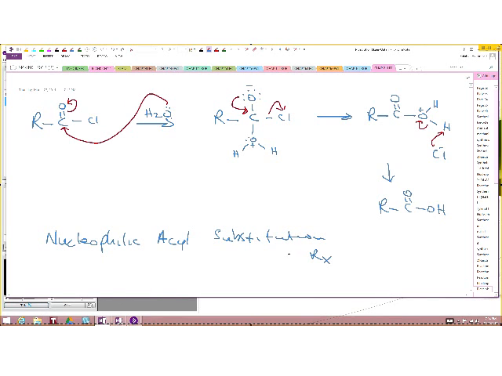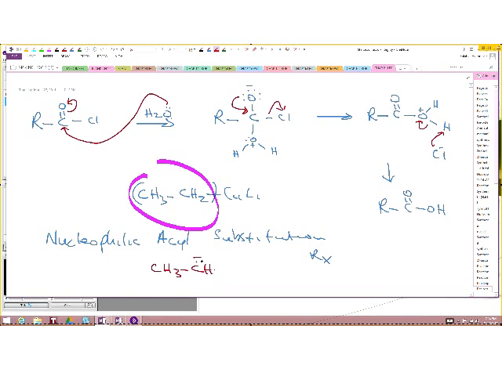Okay, the same thing when the Gilman reagent reacts with them. Keep in mind the Gilman reagent, let us say we have this here. So think of this Gilman reagent here as nothing but a source of carbanion, and that's your nucleophile.